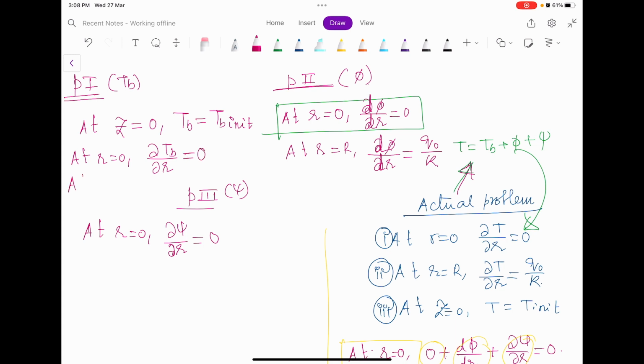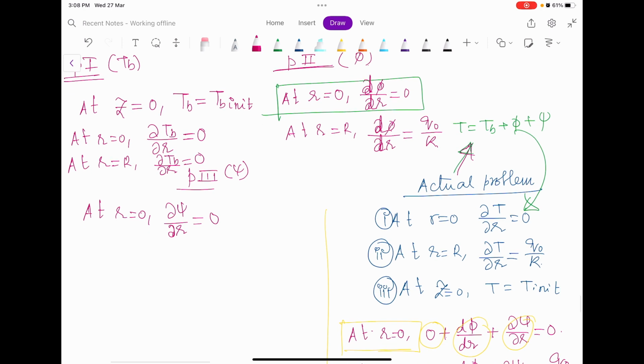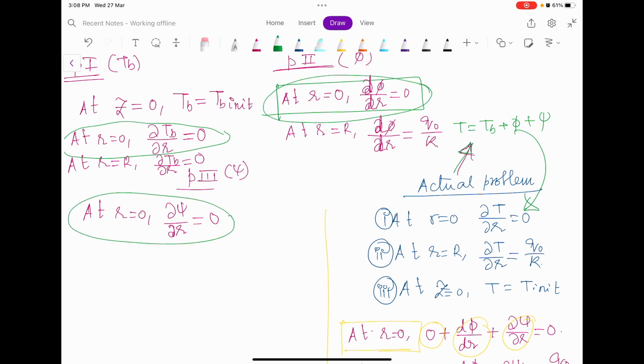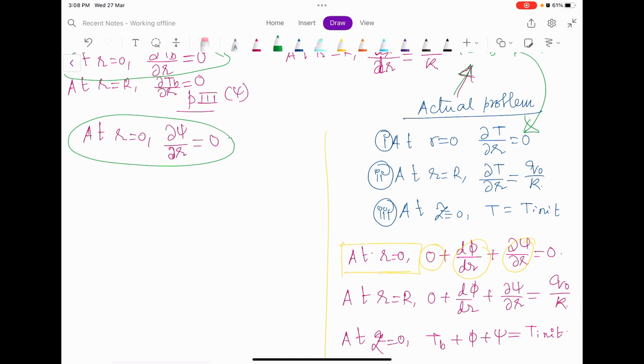And also at r equal to R, again I can write del tb del r is equal to 0, because tb is not a function of r simply. So you add this thing, this thing and this thing, and then you will get this thing, right?